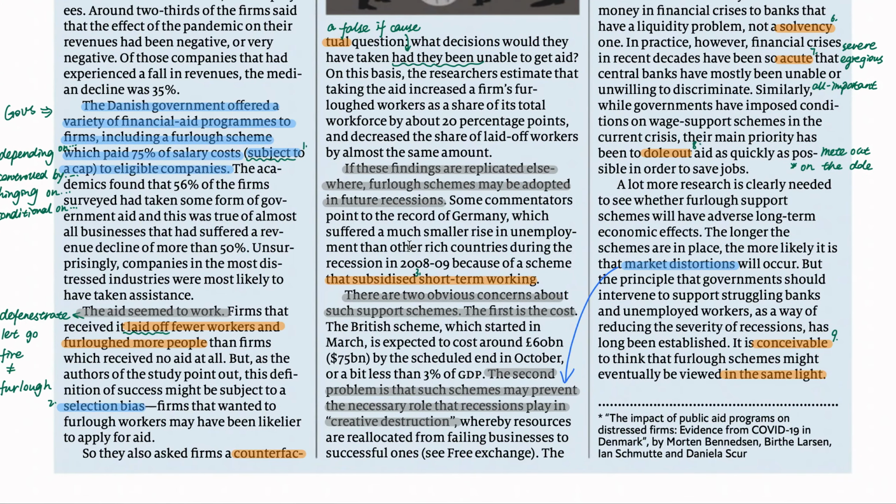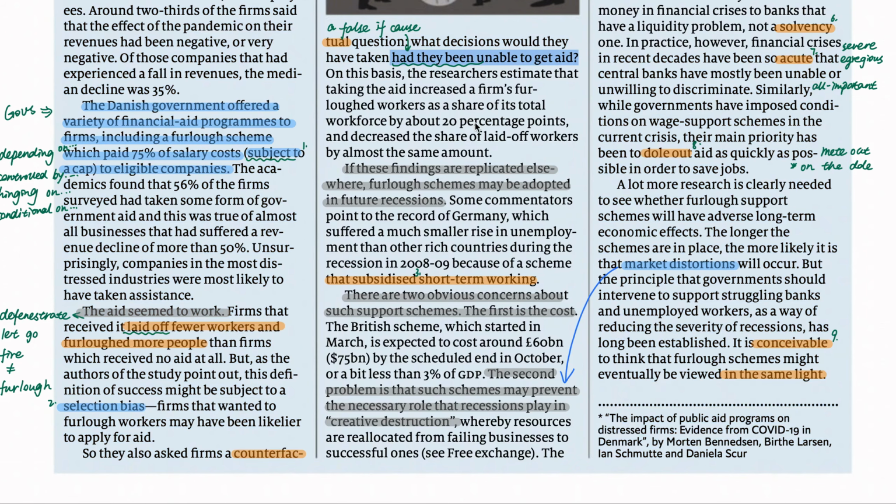To make up for this bias, the researchers also asked firms a counterfactual question. Counterfactual questions mean a false if clause, which you could tell from the tense of this question. What decisions would they have taken had they been unable to get aid?